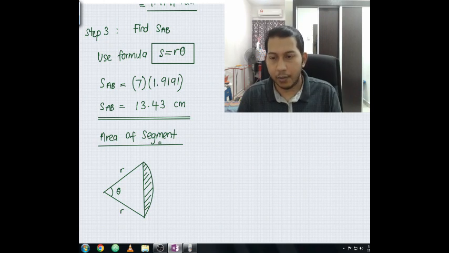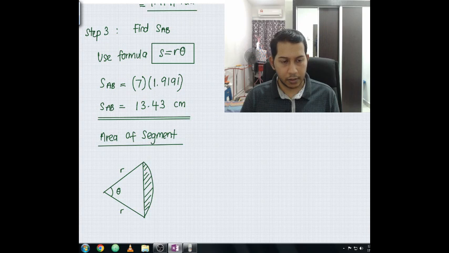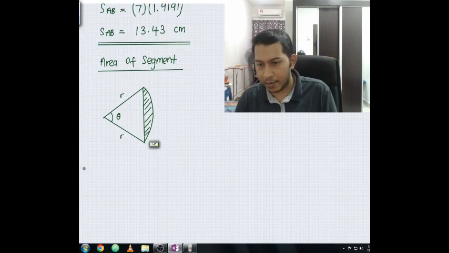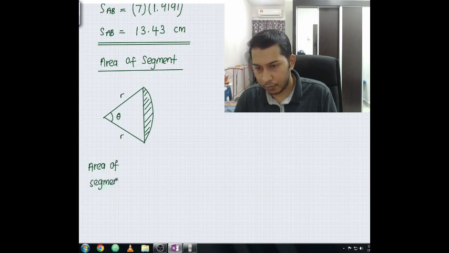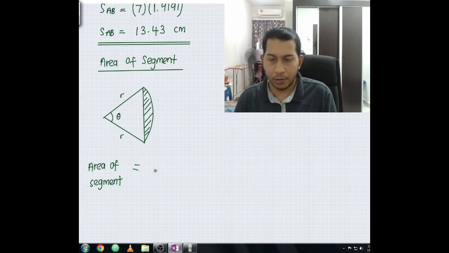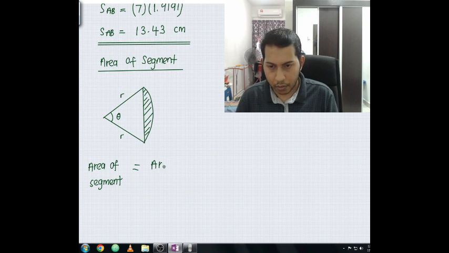So similar way on that, we're going to apply our formula. The formula to find the area of segment, so area of segment will be equals to area of sector minus with area of triangle.